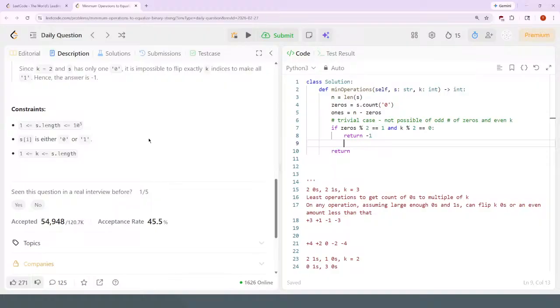N to the 5th. I wonder if I can do this dynamically.